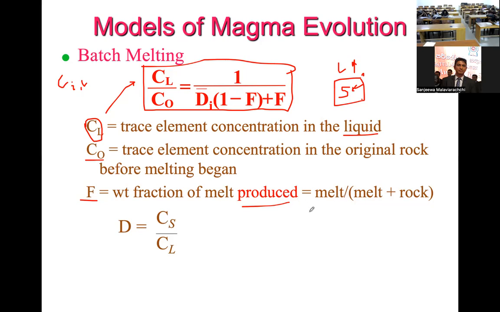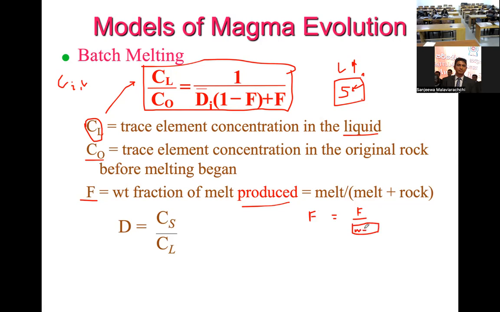So the fraction of melt is equal to the amount of melt produced divided by the total amount of melt and the residue, right?